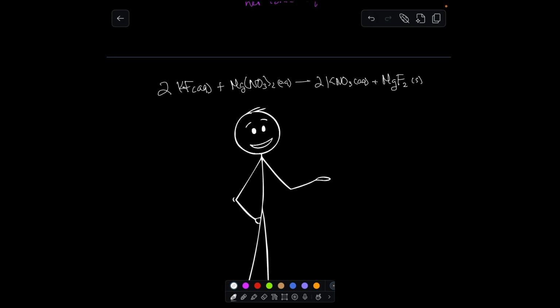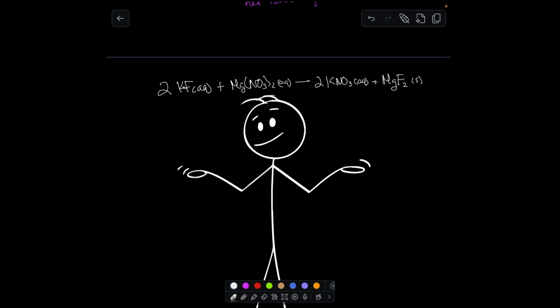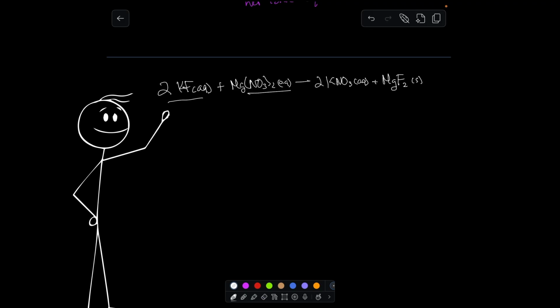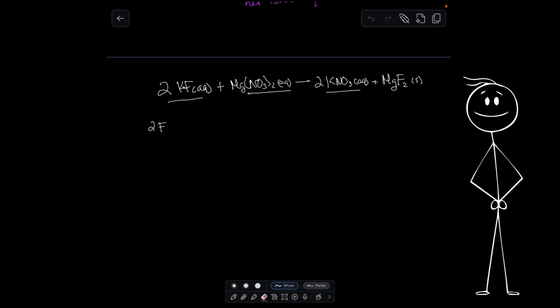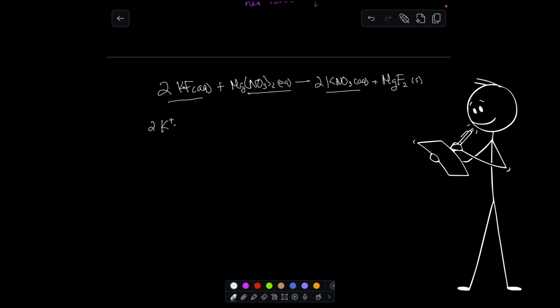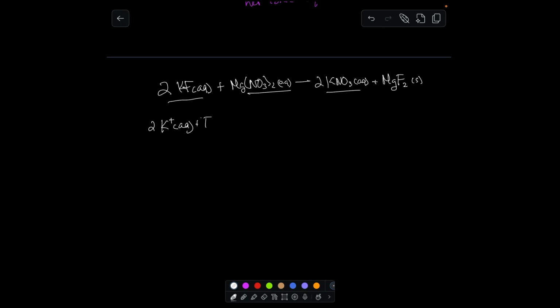So, you know what to do. Let's figure out the ones that need to be broken up. That's right. Those three are aqueous, so we're going to break them apart. So here we're going to have 2 potassium ions, aqueous, plus 2 fluorine ions.